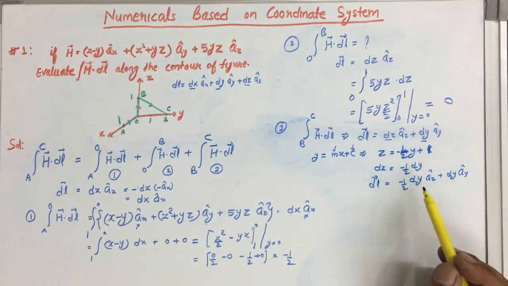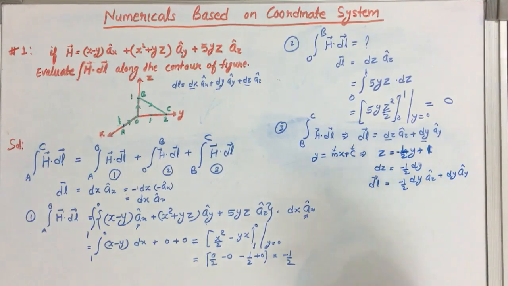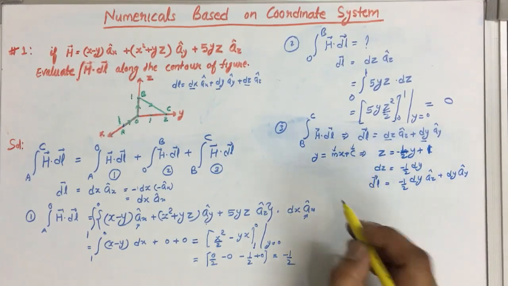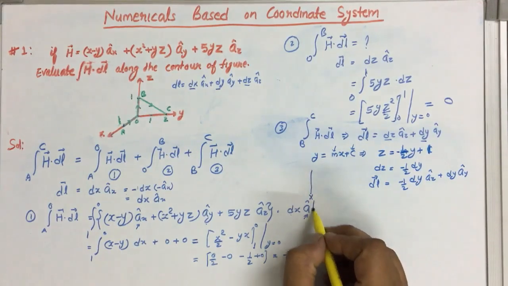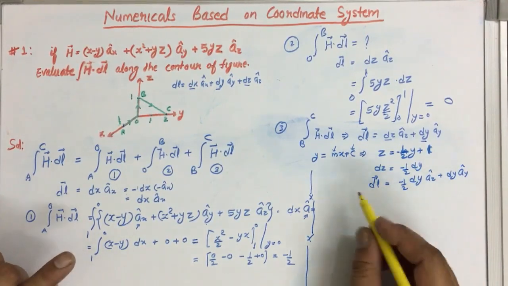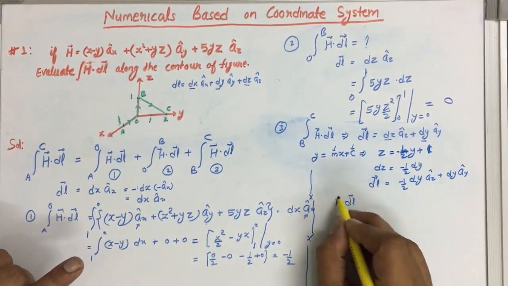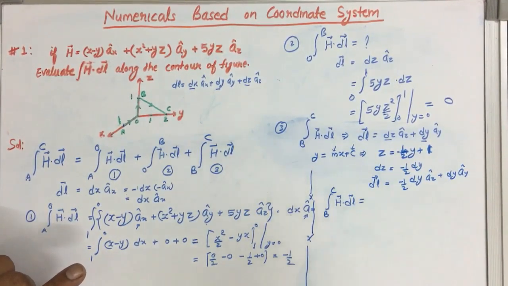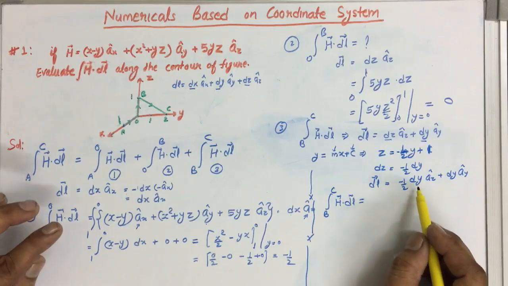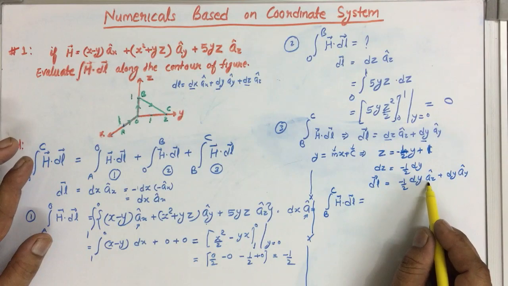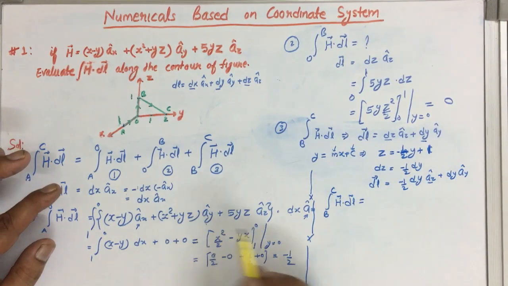Why we are doing this? At the end I will explain why we are doing this. So let us complete now. Multiply h with dl. The component in the direction of az will remain and the remainings will be 0.